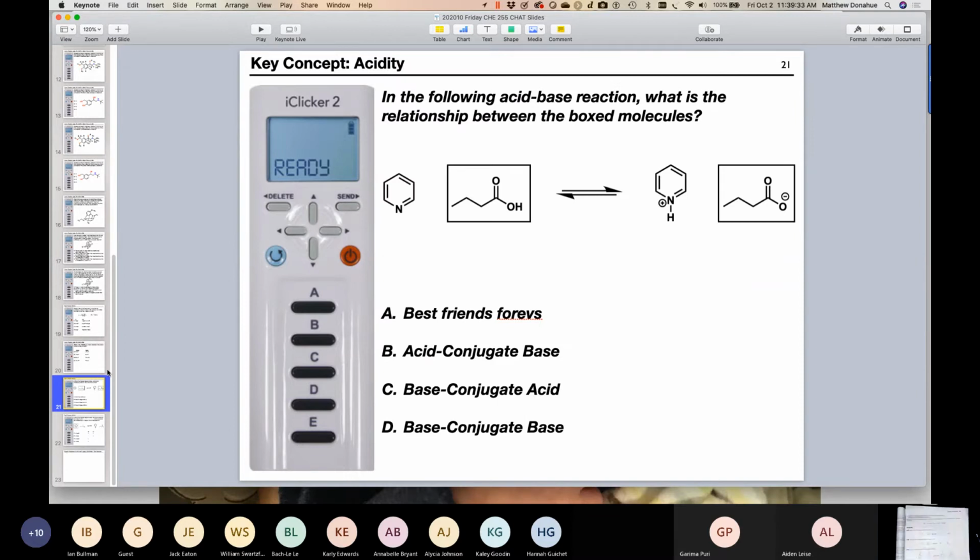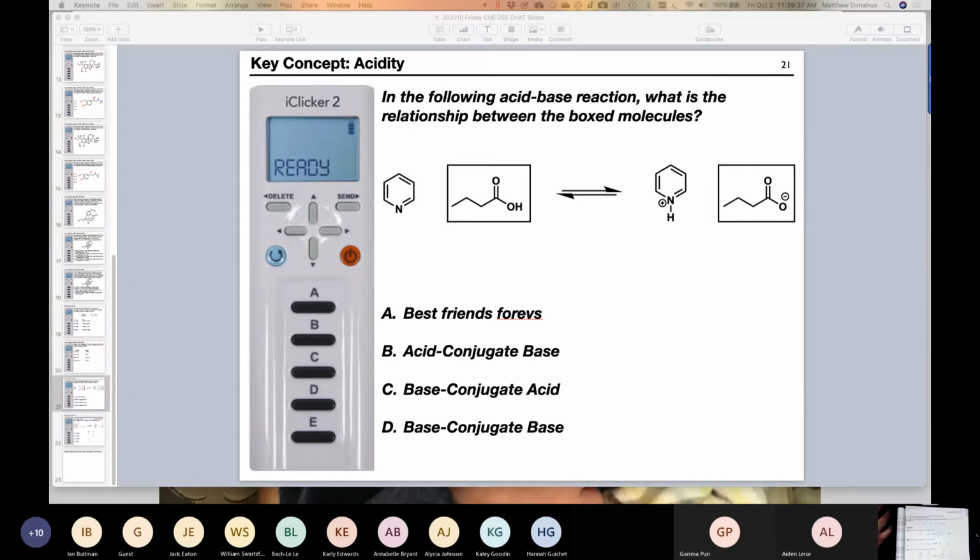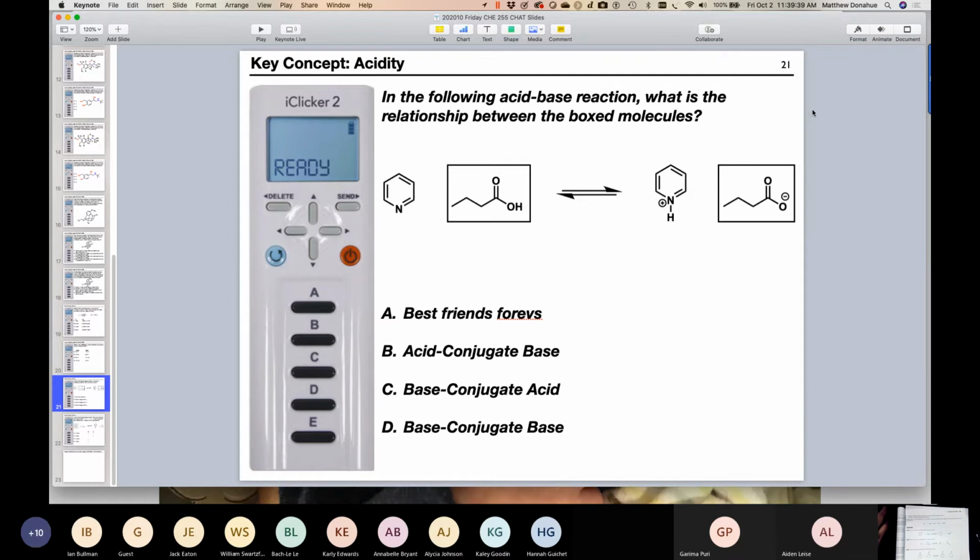Okay, let's consider the slide that's up now. It says, in the following acid-base reaction, what is the relationship between the boxed molecules?